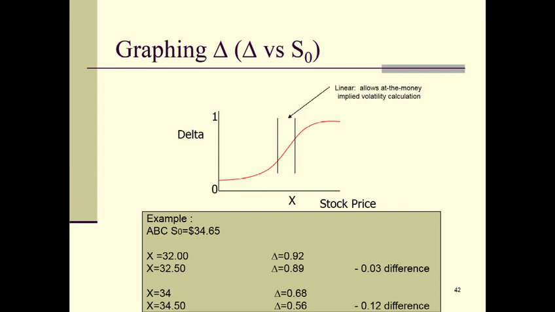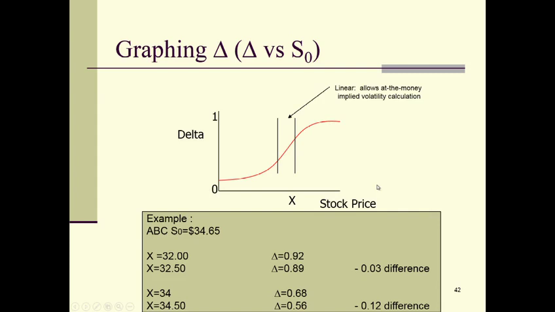So what that suggests to you is that the delta changes most drastically when the call is at or near the money, as depicted in the graph. So if this is the strike price, you find that when the call is at or near the money, this slope is much greater than when it's outside, right? The delta changes a lot when the call is at or near the money.